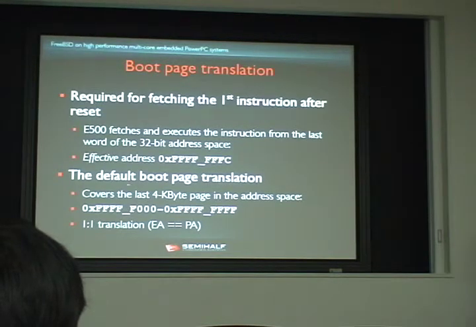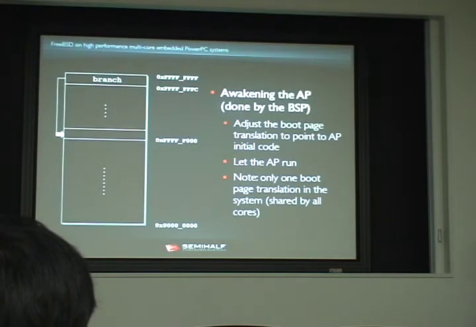So the firmware's role was to provide at these addresses proper initialization code for the BSP. And in terms of SMP initialization, the BSP is already running, so we only care about APs. So we will now see how it's done for the AP.